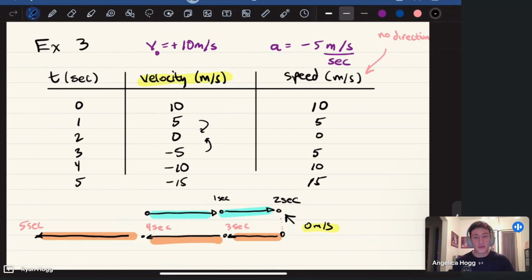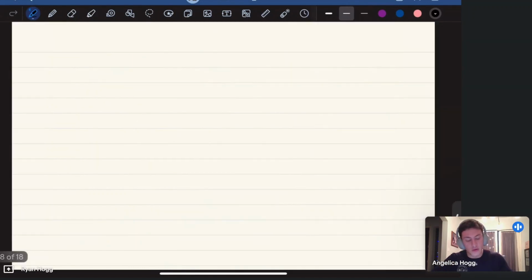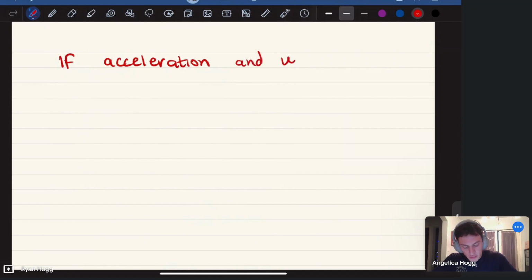Something to write down is that in most cases, or in all cases, if acceleration and velocity have the same sign, then you're speeding up.